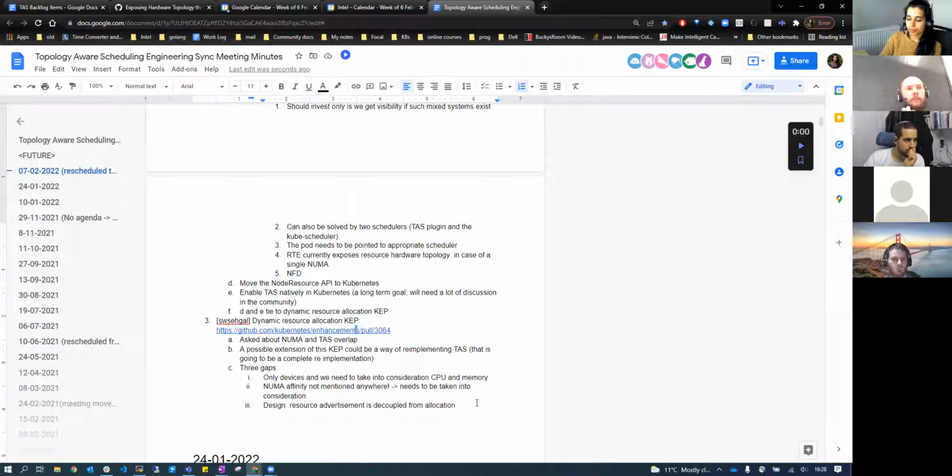Because if this dynamic resource allocation wants to interact, and I'm not sure they want to, because I need to read it again, then you will need to send some topology hints, and then you are back to exposing NUMA affinities somehow. So that part ties again to how this new feature interacts with the existing framework, and where the line is drawn.